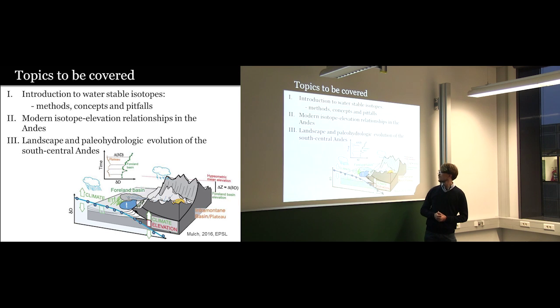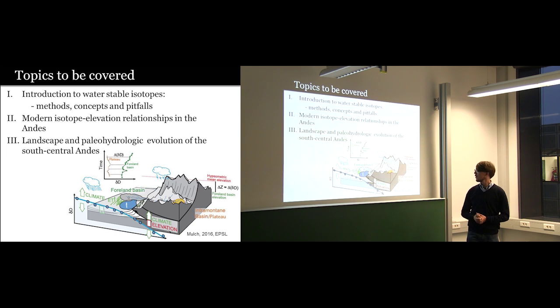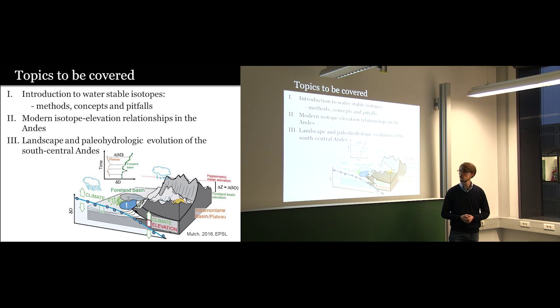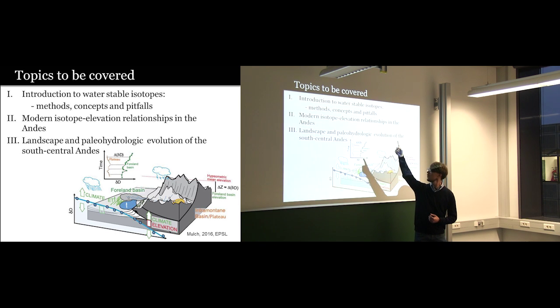But then we also went into a basin record and looked at the evolution of this transition from a foreland setting to incorporation into the orogen itself, or into the plateau. That is what you get if you use a paleo record to do this.